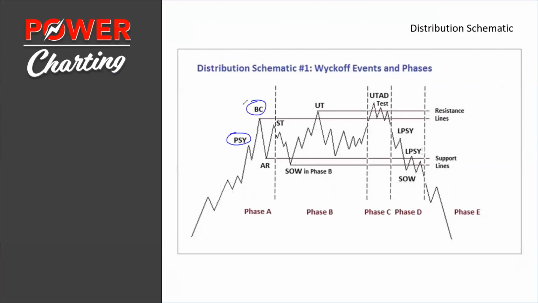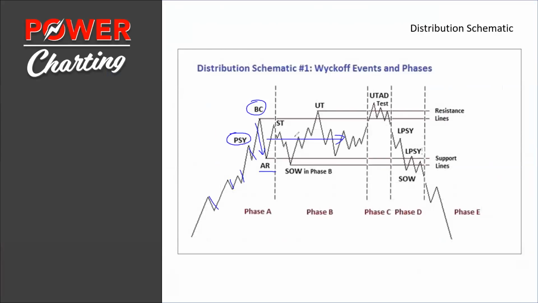We know that large interests, the CO types, composite operator, come in when we get an automatic reaction. An automatic reaction is a very large reaction in an uptrend that is much greater than any of the reactions that preceded it on the way up. This sets the condition for a trading range.